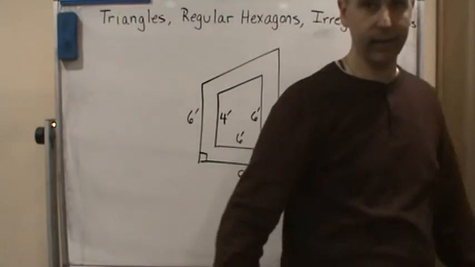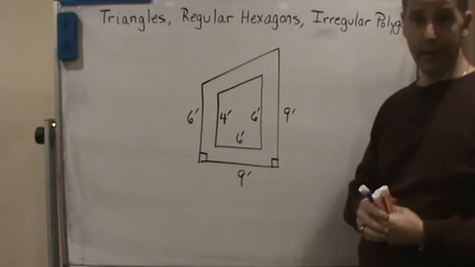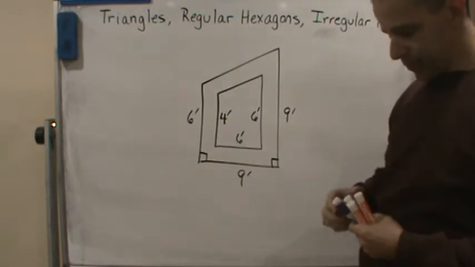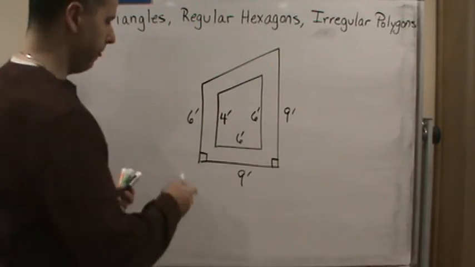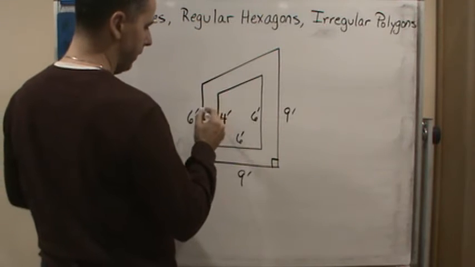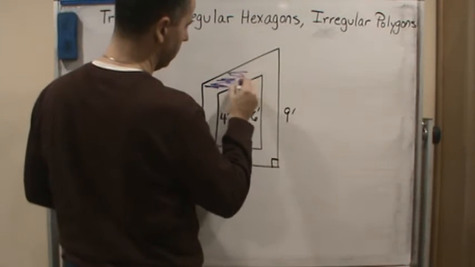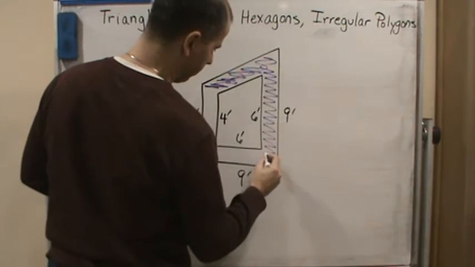Okay, so welcome back. Now here's another example where we've got a fire pit, and it's in this shape. The homeowner wants to tile this area all the way around the fire pit.